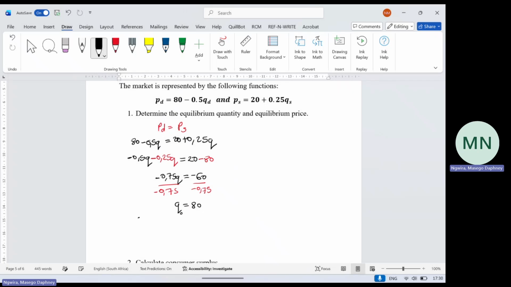So therefore, my P naught, we're doing the same that we've been doing. You choose between these two formulas. Let me just choose the one on my right-hand side again. So this will be 20 plus 0.25, and then you put inside the bracket the 80.